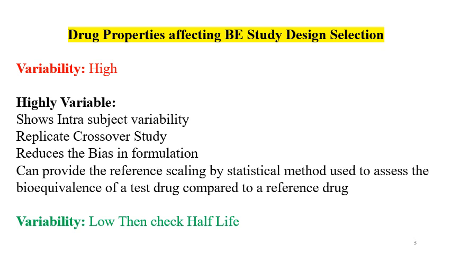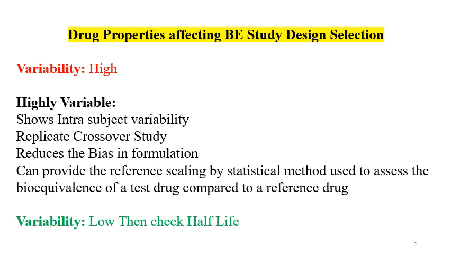And if you find that the drug is not variable or it is low variable, then check its half-life. So first is variability. If the drug is highly variable, go for the replicate crossover design. If it is low variable, then check its half-life.